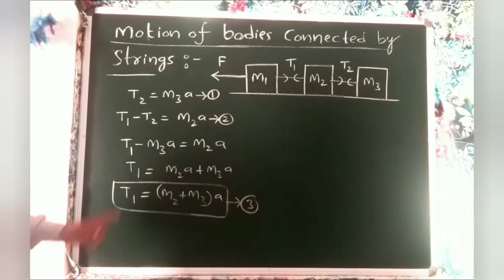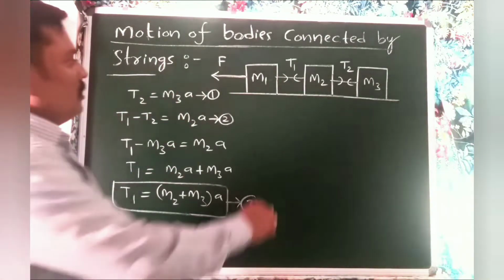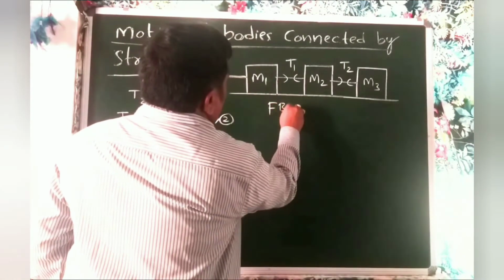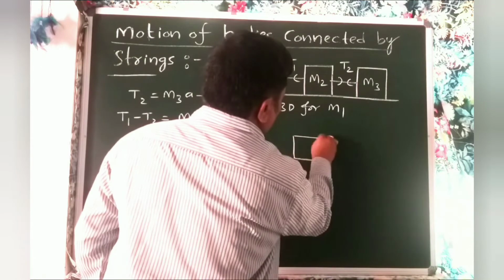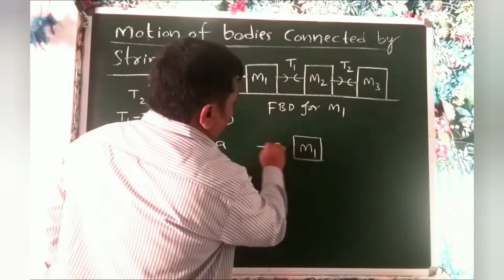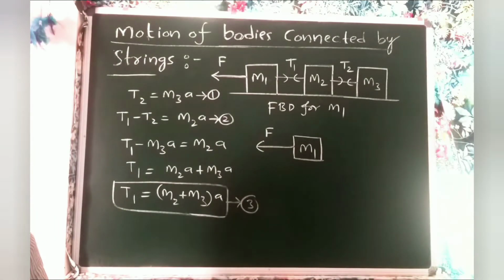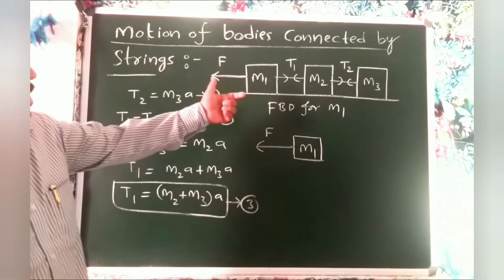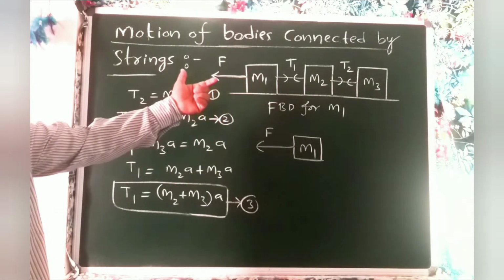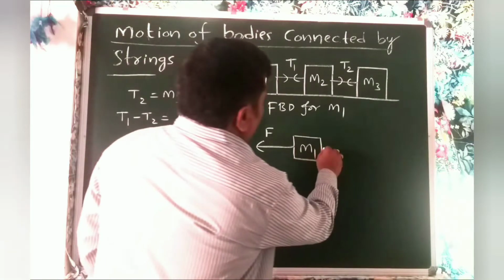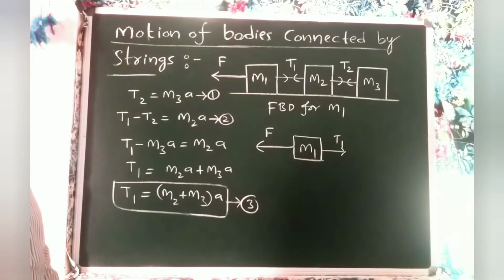Next, we write the free body diagram for mass M1. In the case of M1, the applied force F acts directly. Next, the tension of the string due to mass M2 on mass M1 acts along the positive x-axis.